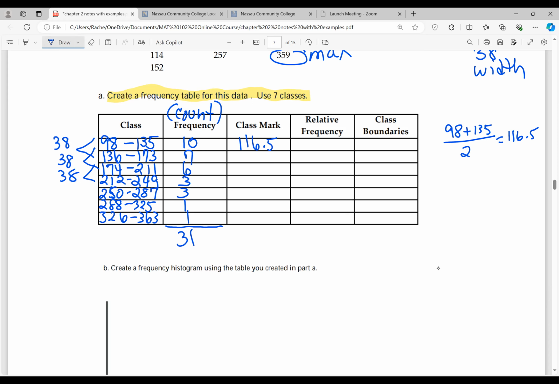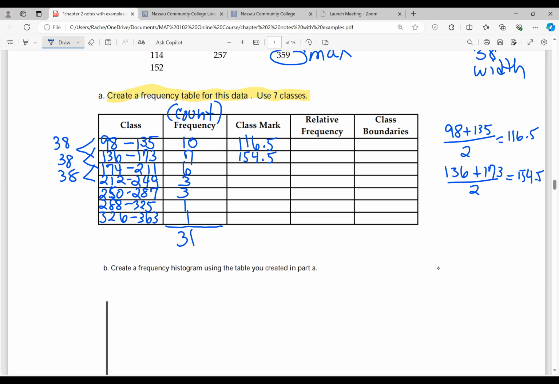That's the number right smack in the middle between 98 and 135. If I want the class mark for my second class, I'm going to take the lower limit plus the upper limit, so 136 plus 173, and divide by 2. I'm going to get 154.5. So 154.5 is going to be the class mark for the second class.